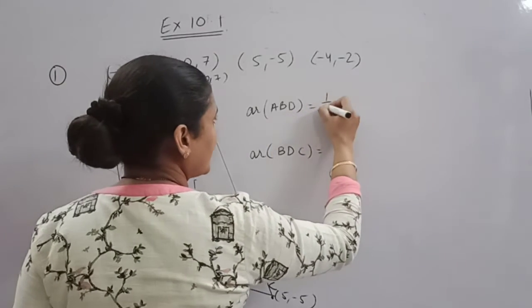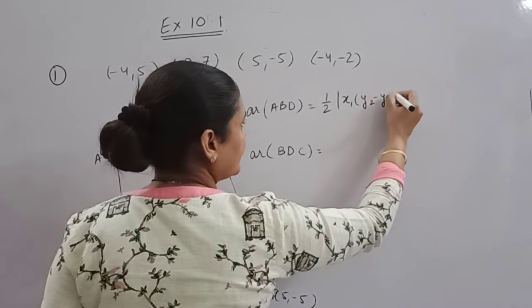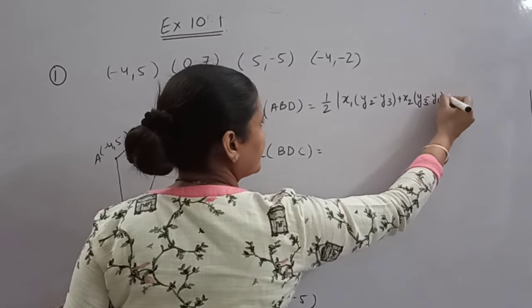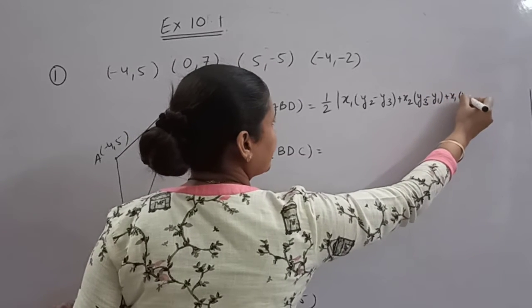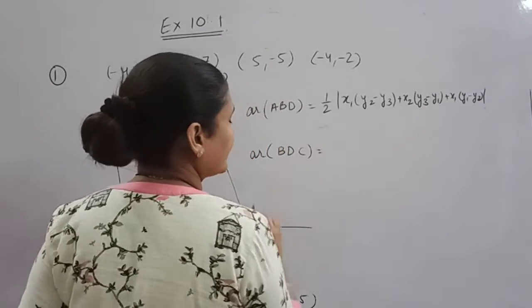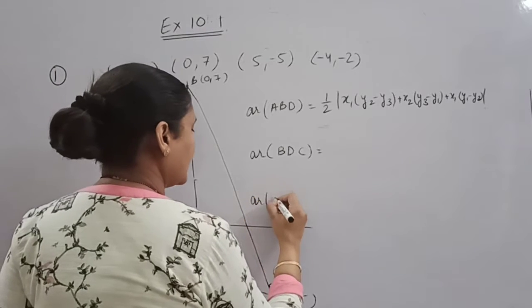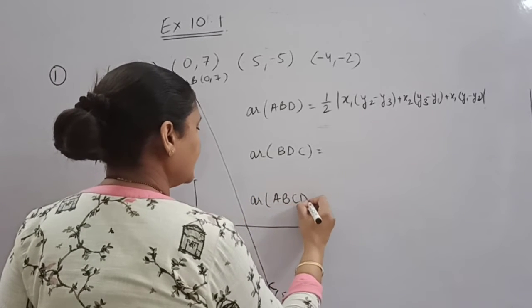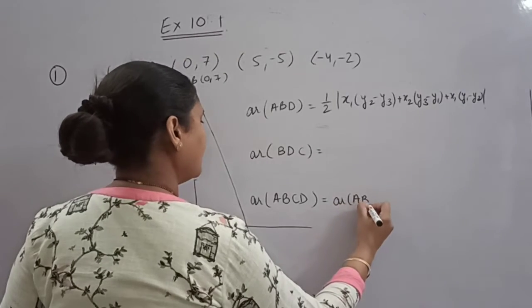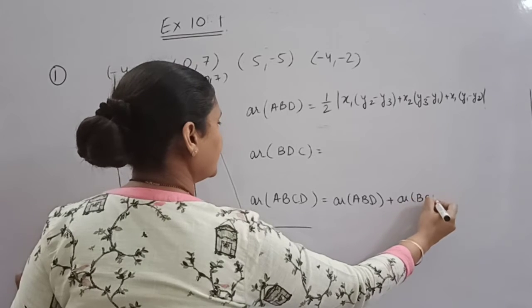Formula is half, जो last year पढ़ा था, x1 (y2 minus y3) plus x2 (y3 minus y1) plus x3 (y1 minus y2). इसका एरिया निकालो, similarly इसका एरिया भी निकालो. Then area of the quadrilateral ABCD is equal to area of the triangle ABD plus area of the triangle BDC.